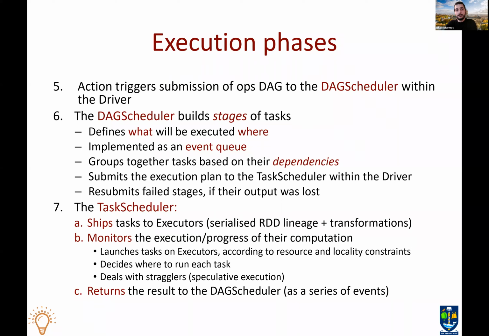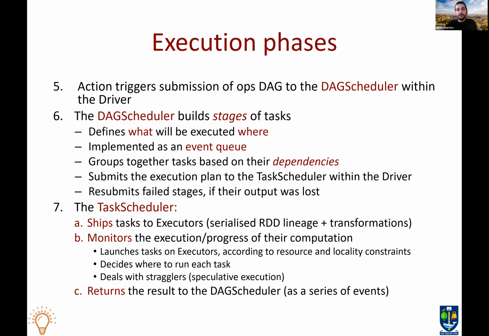So you try to send this to an executor that lives on the same machine as where the input for that sequence of operations lives. So everything happens locally, you don't have network transfers. If you can't do it, then you try to send it to an executor that is on a machine on the same rack. If you can't do it, then any other machine would be okay. Okay.